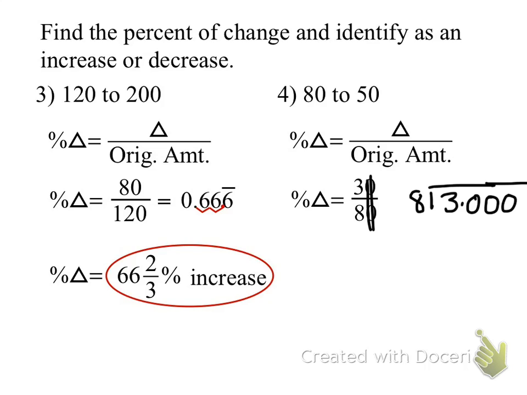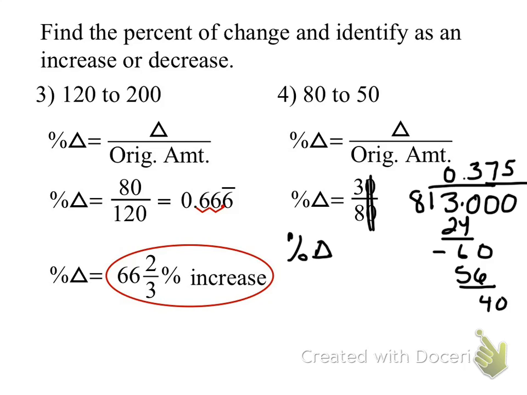Take it out 3 places always, just in case I need it. 8 does not go into 3, but it goes into 30 3 times. 8 goes into 60 7 times. 8 goes 5 times. And so the percent of change is 0.375.